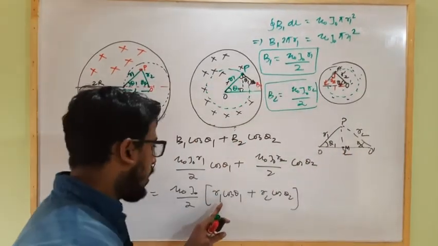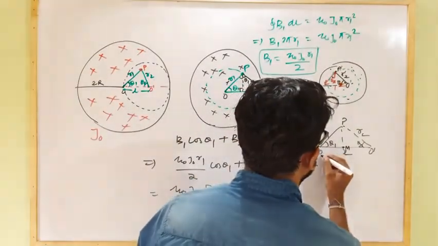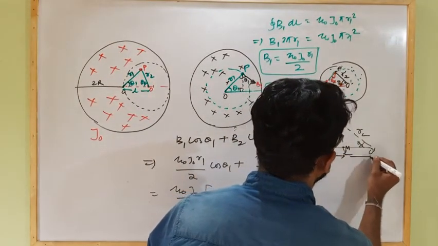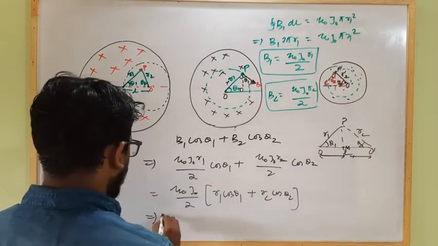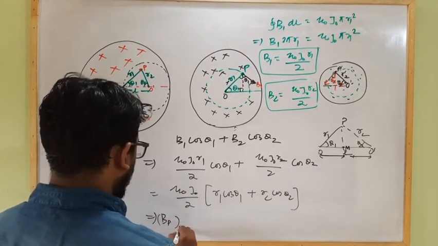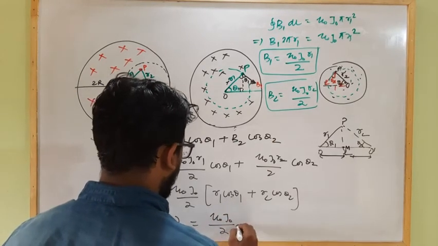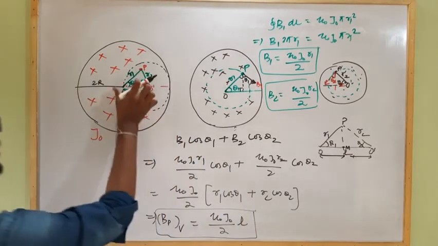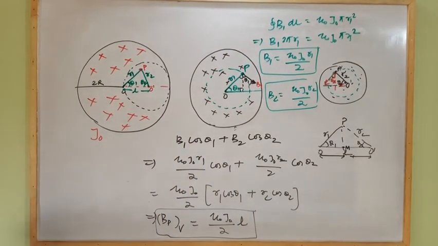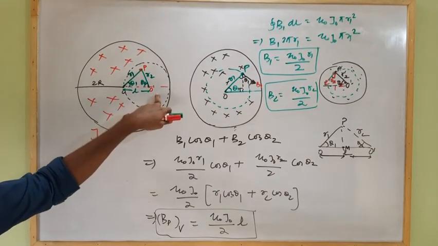So R1 cos theta 1 plus R2 cos theta 2 added up give us the complete length OO dash. So B at P vertical will be mu naught J naught by 2 into L. L is the separation between the centers of the current carrying conductor and the cavity.